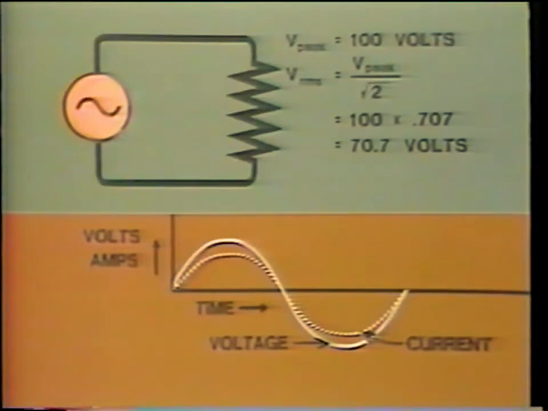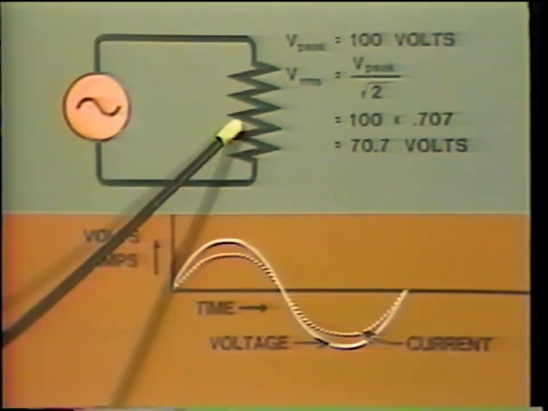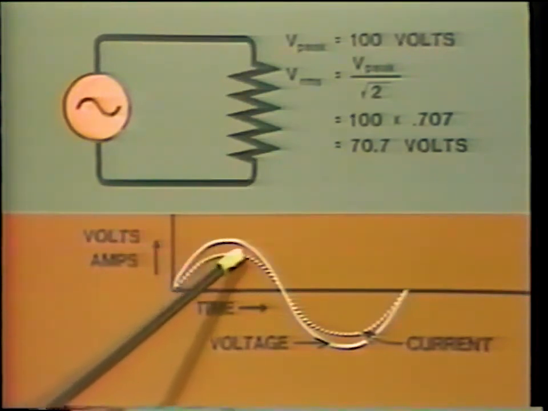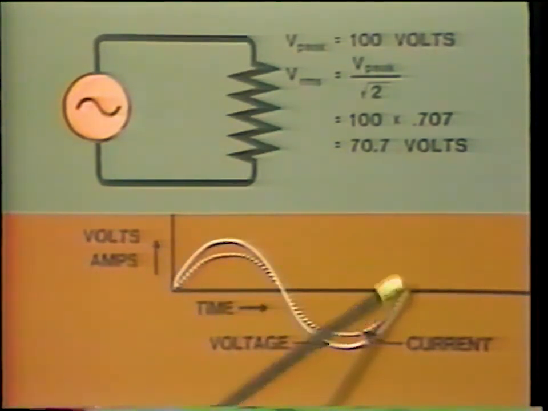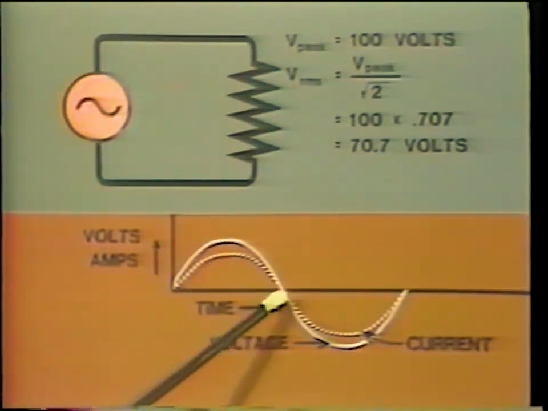When an AC voltage is applied to a pure resistance, an AC current flows. In this circuit, when voltage is peak, current is also peak. When voltage is 0, current is 0. In other words, the current and voltage fluctuate together and are said to be in phase in a purely resistive circuit.